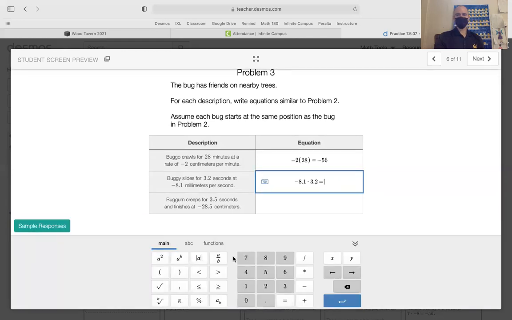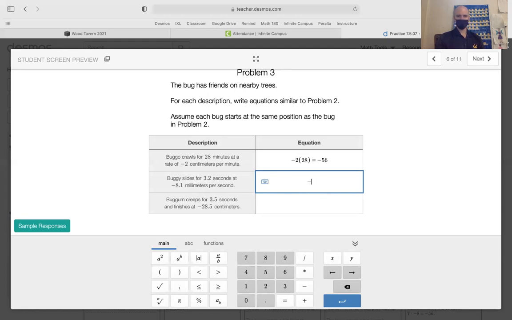If you ever need help getting the answers in Desmos, you can always open this keyboard thing. Anyways, let's see, 8.1 times 3.2, 24.455, something like that. I don't know.